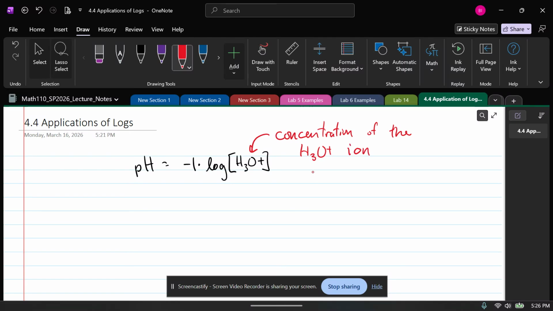H3O is called hydronium. But in our problems, instead of writing H3O over and over, if that's the thing we don't know, we're going to put X in its place.